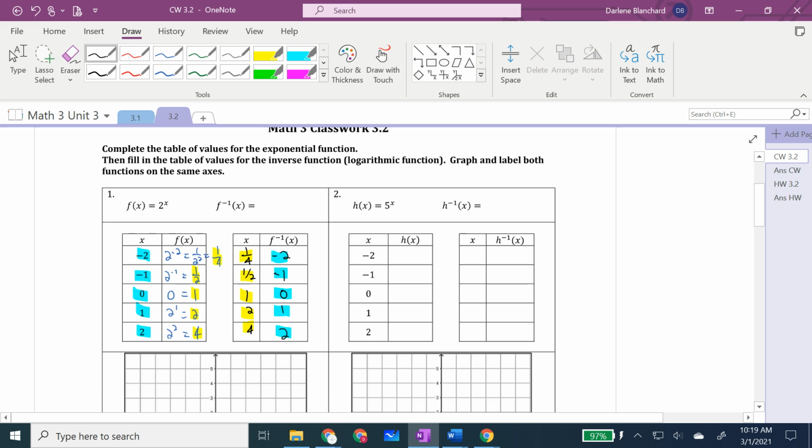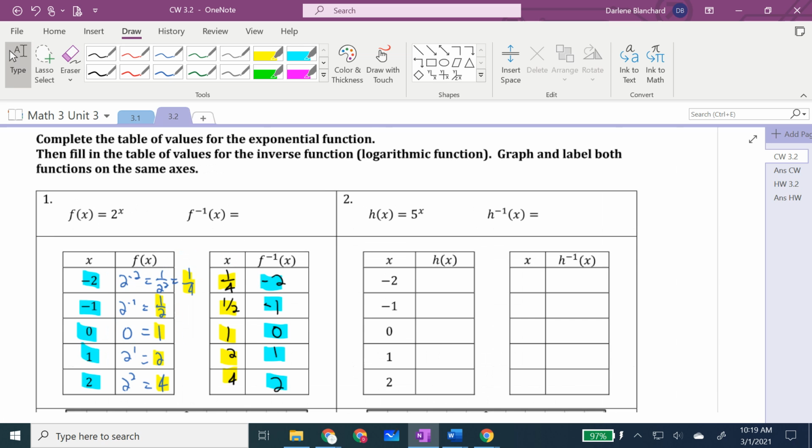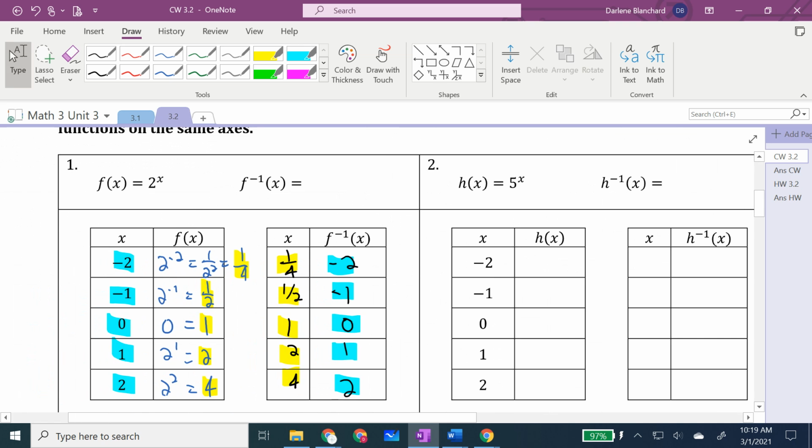Now, also, I want you to write the correct notation for the inverse of 2 to the x. And we learned that the inverse is log, and then whatever the base number is that you see for the exponential, that's the base on the logarithm, and it's a subscript.